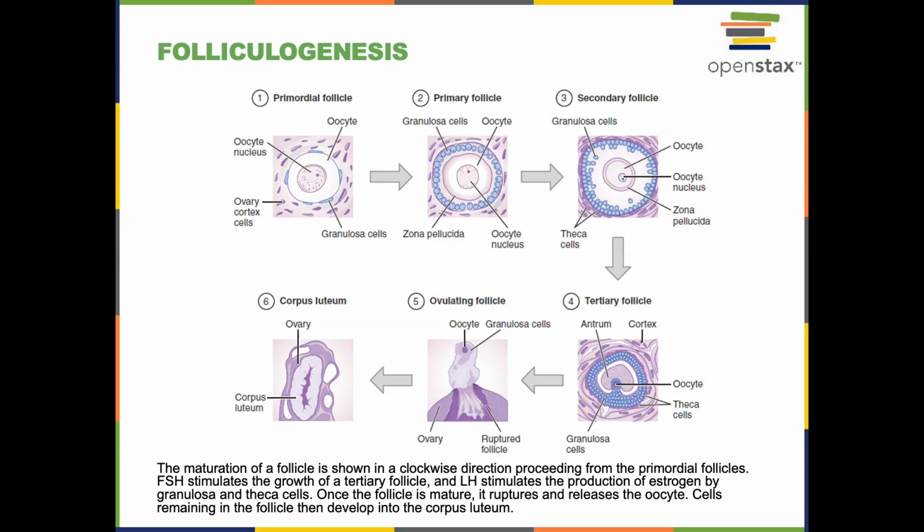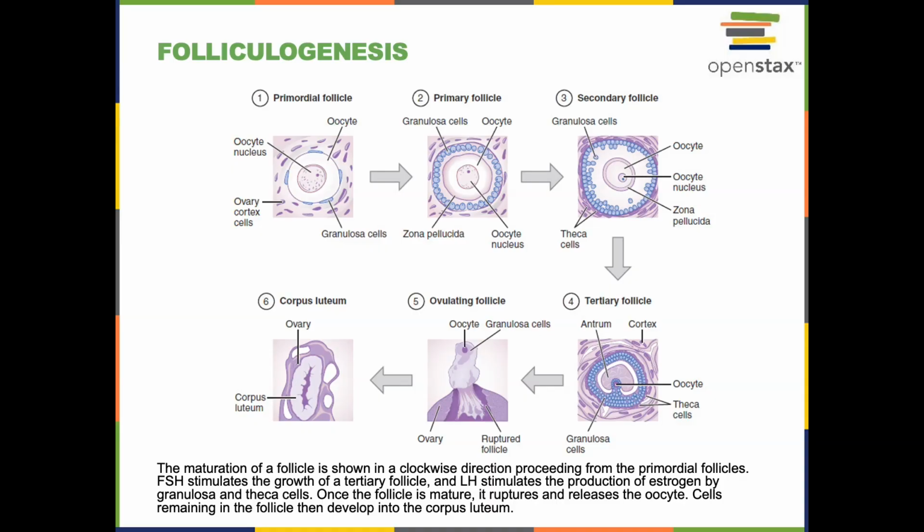These theca cells will help to stimulate the production of estrogen, as granulosa cells are stimulated by luteinizing hormone and produce a precursor to estrogen, an androgen hormone known as androstenedione. The granulosa cells can then convert that androgen hormone into estrogen.